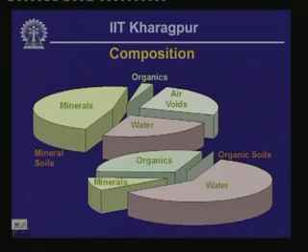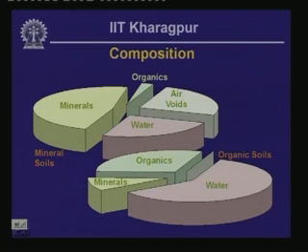wood debris and other different types of organic inclusions. And then on the bottom part, what I have shown is a typical composition of organic soil, and here this type of soil could contain a very large proportion of the total volume as water, and this could be more than 50% of the total volume really, and the rest of it could be composed, as earlier, of organics and minerals, and we considered saturated soil in this case.